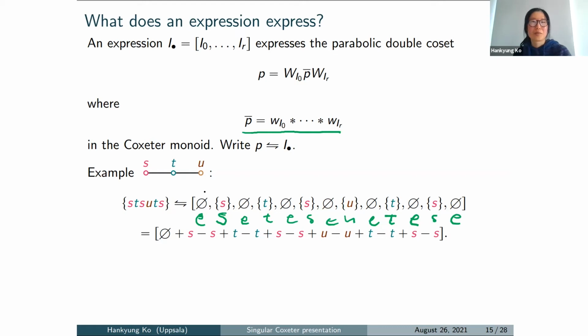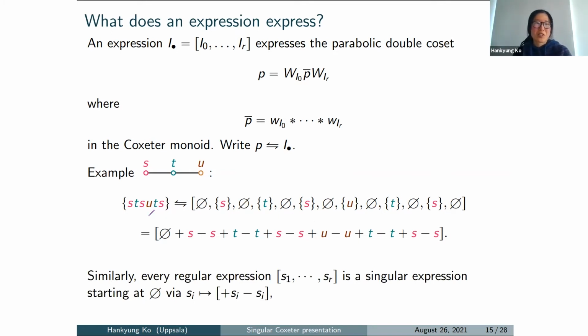and if you multiply them in the Coxeter monoid, where in the Coxeter monoid, maybe I should have said this, the reduced expressions are exactly the same as the Coxeter group. And then this product actually doesn't depend on whether we are in the Coxeter monoid or in the Coxeter group. And anyway, if you take the product and cancel these e's, you get STS, UTS.